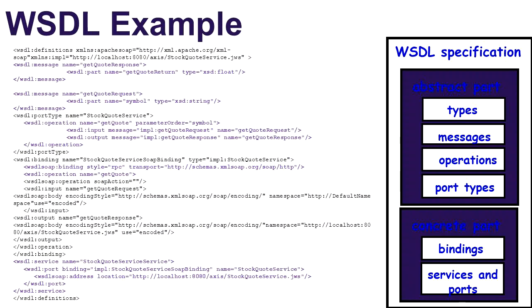I know it looks like clutter, but that's an example. This is a small example actually. You can see the message name and type. You can see the two messages: get quote response and get quote request.